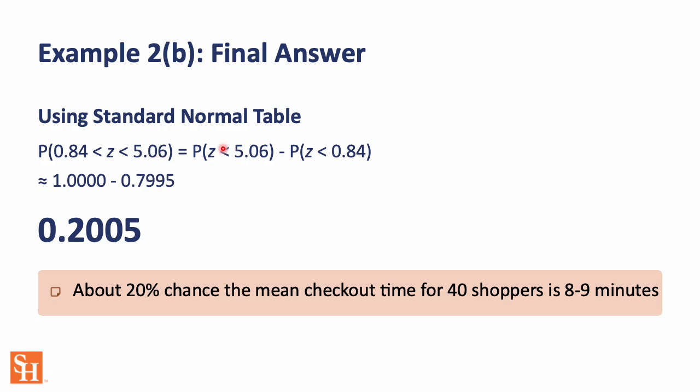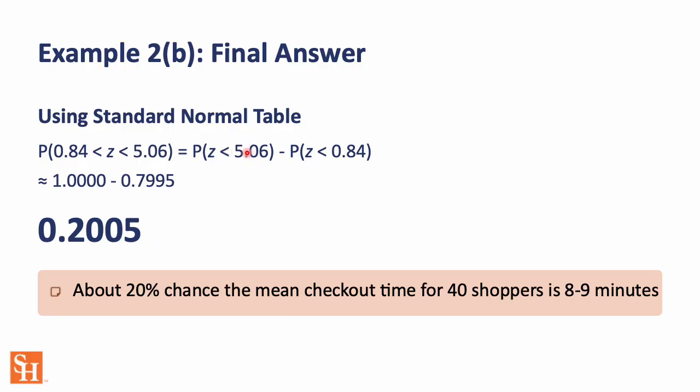And how we can calculate that, we already know that, right? We have to take the probability that Z score will be less than 5.06 minus the probability that Z score would be less than 0.84, right? We already know that, so I will not be discussing that again in detail, because we have already discussed that in our previous two modules, right?